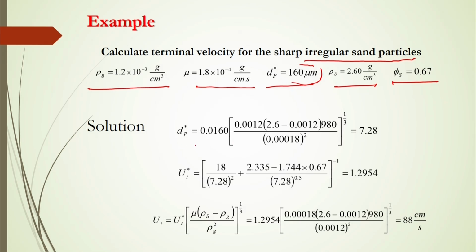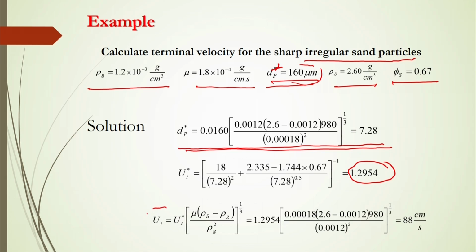Now, if you calculate dp star, dp is 160, then you will see dp star will be equal to 7.28 and ut star will be equal to 1.294, and then finally, terminal velocity will be equal to 88 centimeter per second.